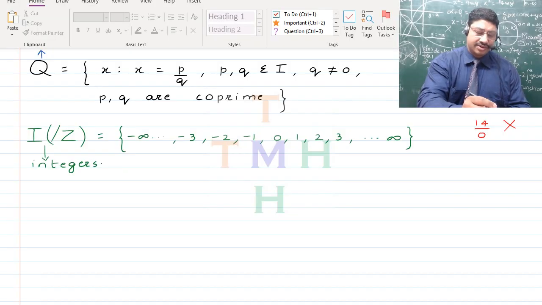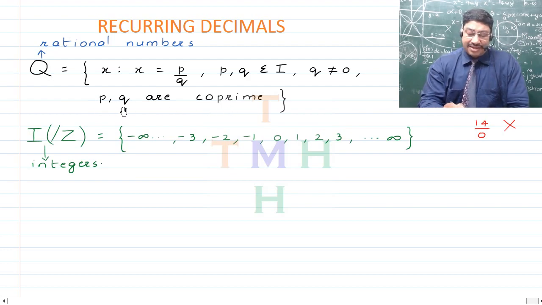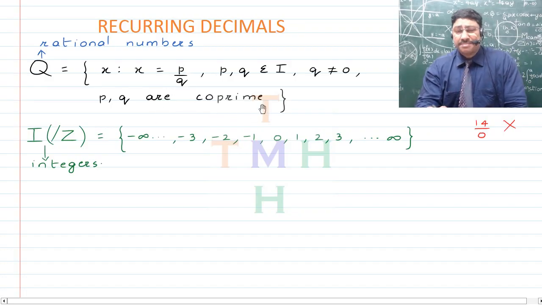Now the next thing children is an interesting thing which normally children forget in writing the definition of a rational number, and this is something which is quintessential. You got to remember that p and q, that is the numerator and the denominator, are to be coprime. Now coprime means that there should be no other common factor except one among them.